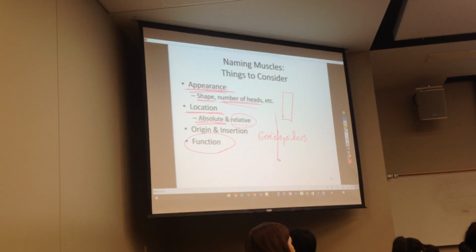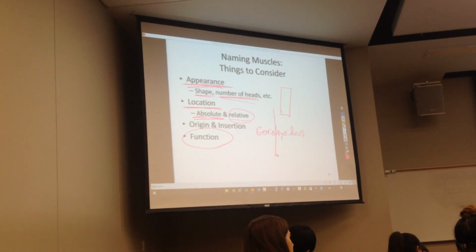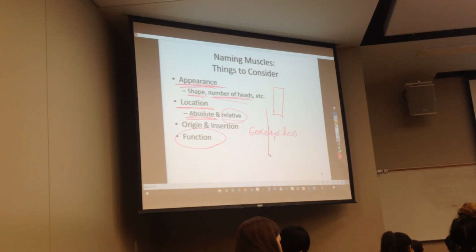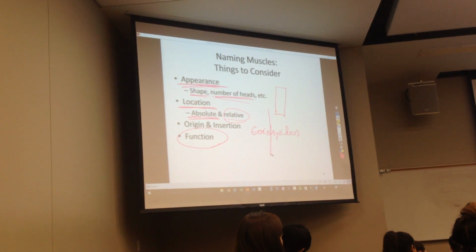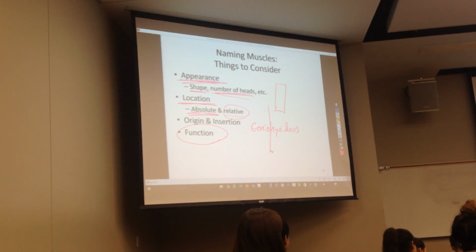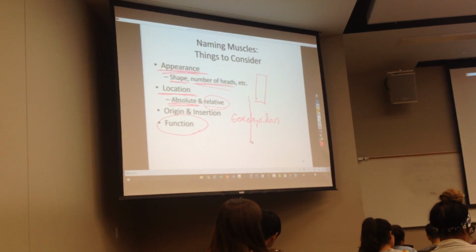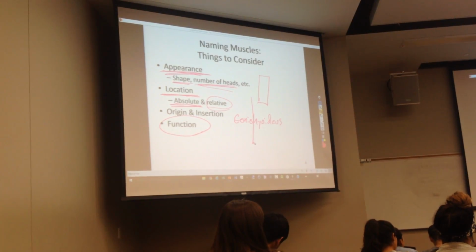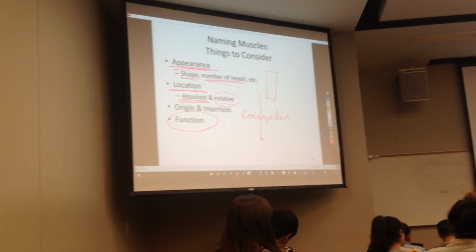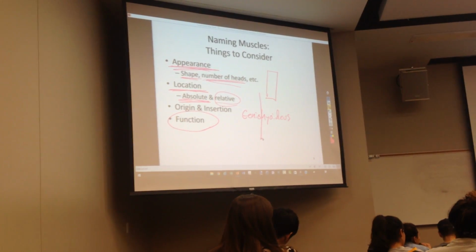Genio is referring to your chin, okay? The genu right here is of your chin. And then the hyoid, where's the hyoid bone? Here, right? Kind of buried underneath your tongue right there. So this is a strap muscle that goes from your chin down to your hyoid and actually lifts your hyoid up a little bit. And the opposite effect is it can actually draw your chin down and open your mouth just a little bit, okay?